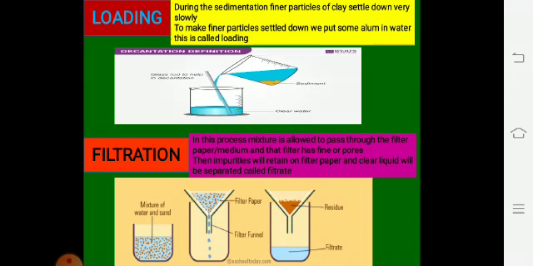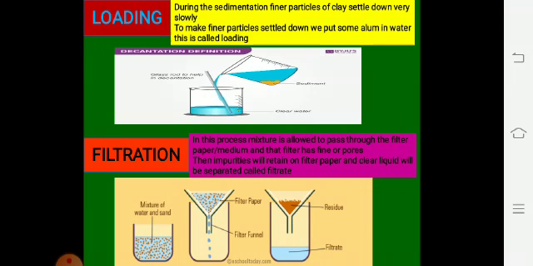Next is filtration. What is filtration? In this process, a mixture is allowed to pass through a filter paper, or filter medium. That filter has very fine and tiny pores.